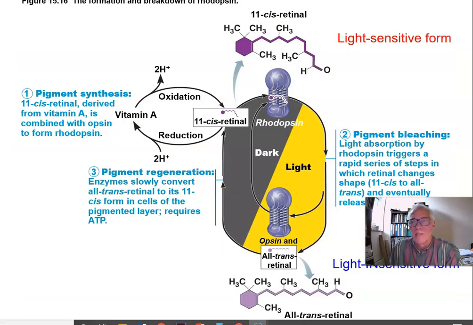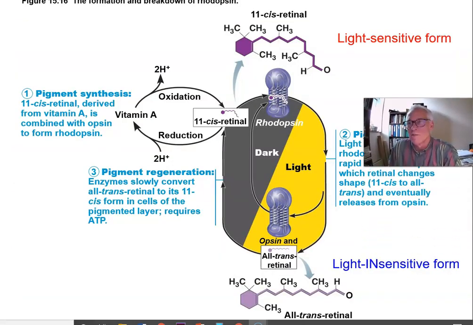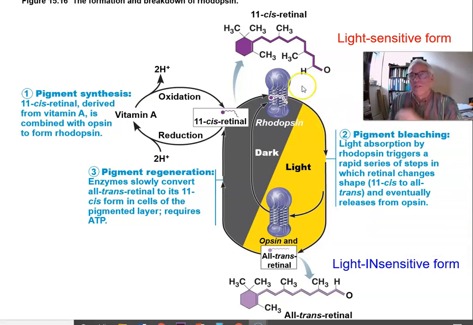All right, back to signal transduction. Let's take a closer look at rhodopsin. Rhodopsin consists of a protein called opsin, that's this little dumbbell-shaped thing, and a lipidy molecule that's this long chain of carbon. Each one of those little corners represents a carbon, and we see some other carbons appended onto that. And the carbons are numbered.